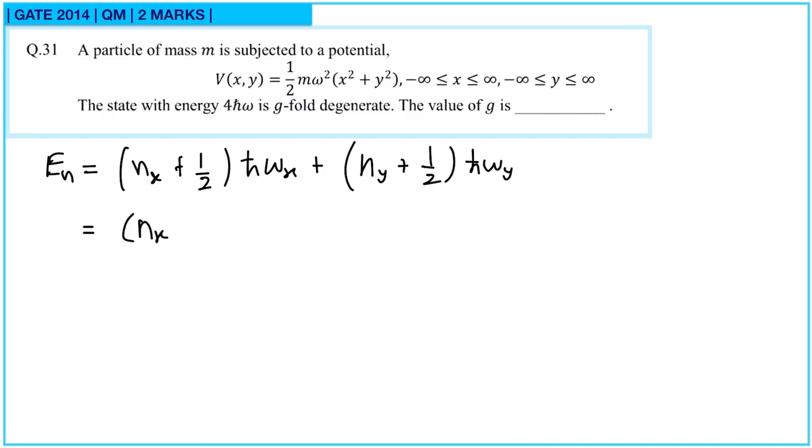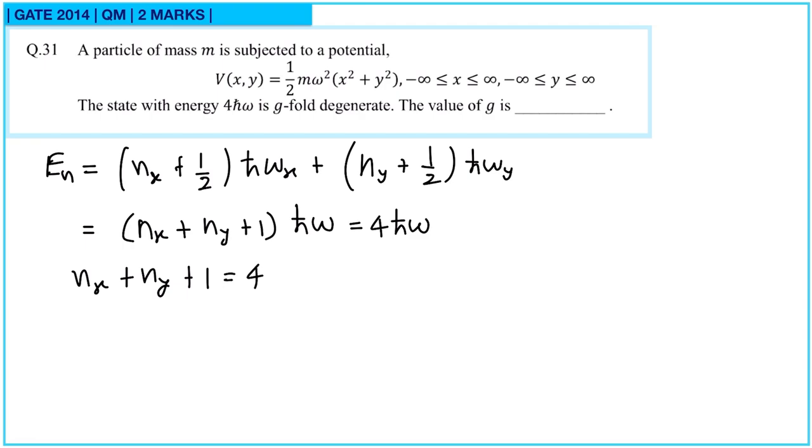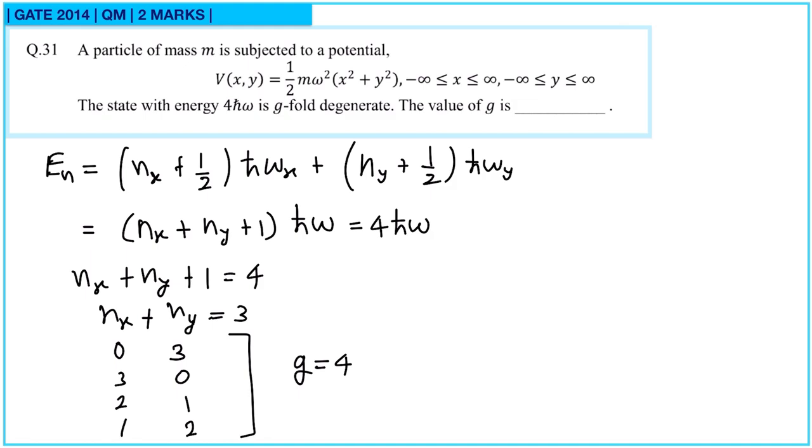So this is equal to nx plus ny plus 1 into h cut omega. And this is given to be equal to 4 h cut omega. So that gives us nx plus ny plus 1 is equal to 4. So nx plus ny is equal to 3. Now nx and ny can take the values 0, 3 or 3, 0 or 2, 1 or 1, 2. So 4 such combinations are possible. So degeneracy is equal to 4.